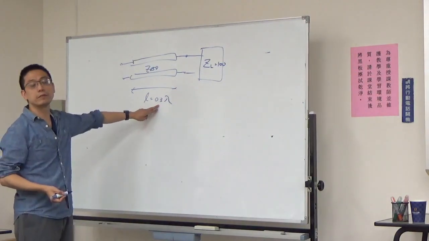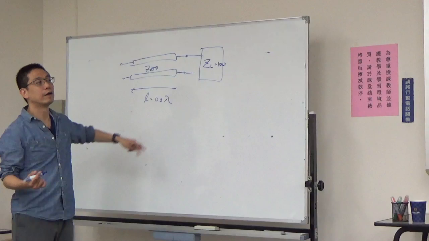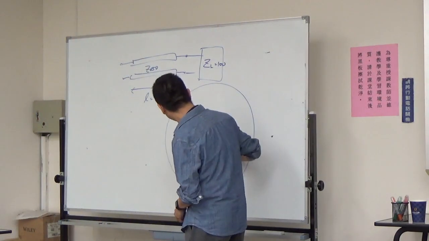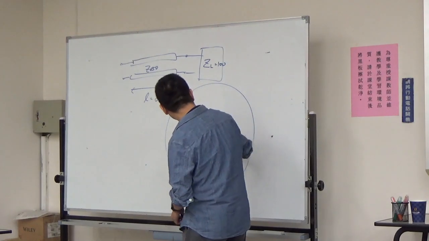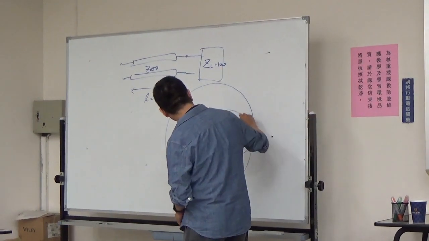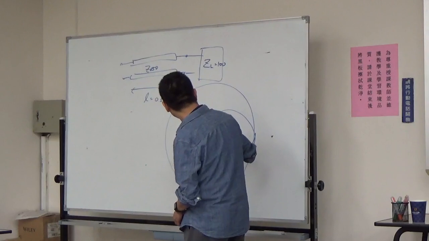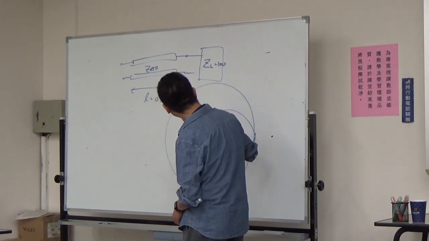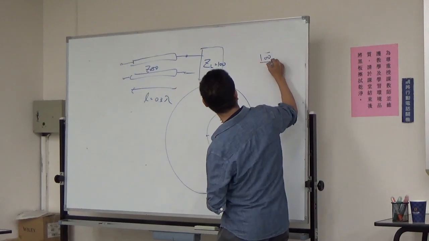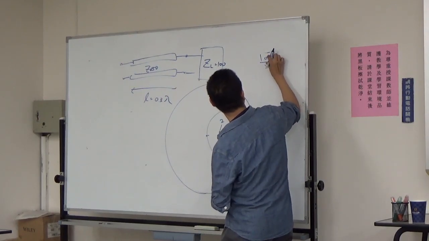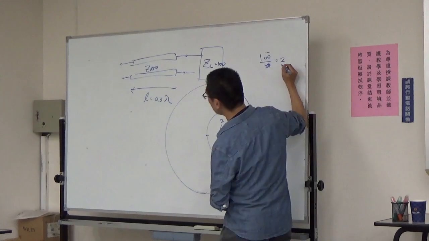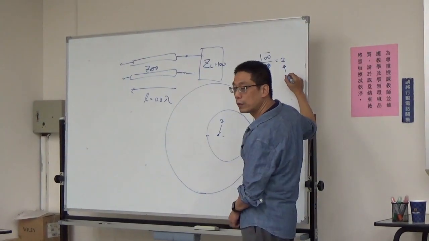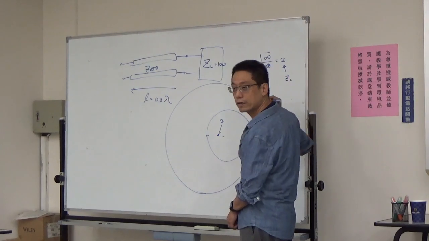For this case, it is more special, right? So your Smith chart will start at 2 because 100 over 50 equals 2. Okay? This is normalized ZL.